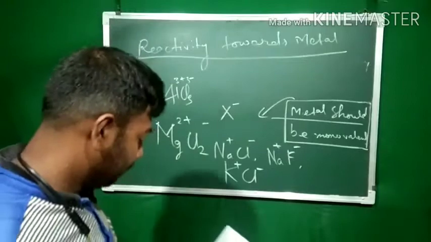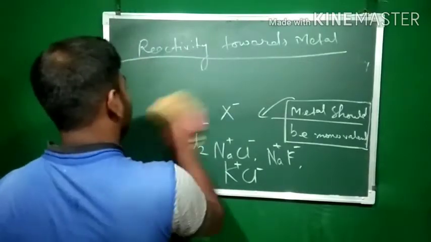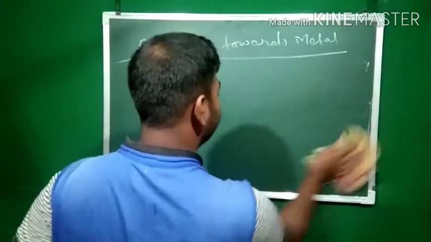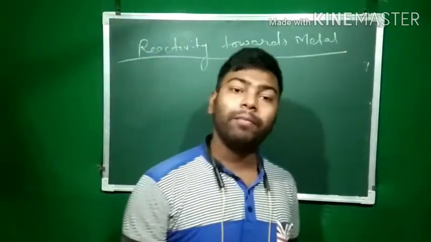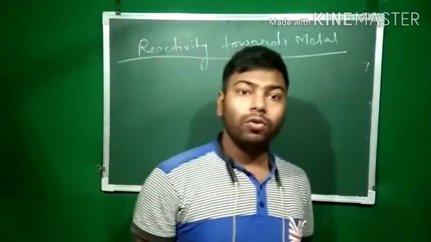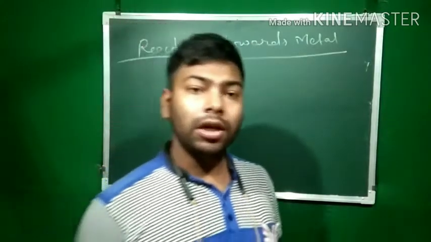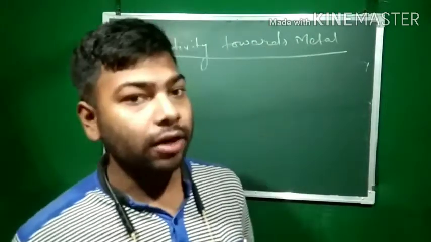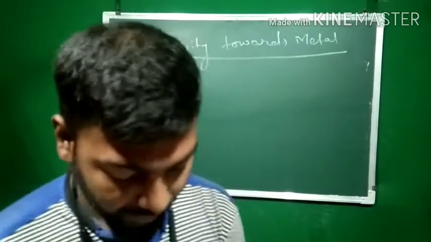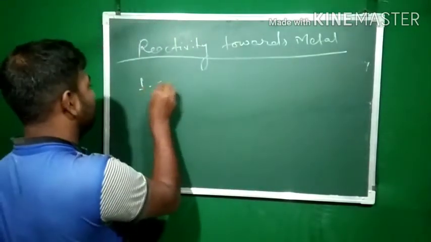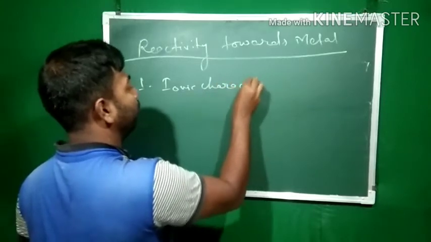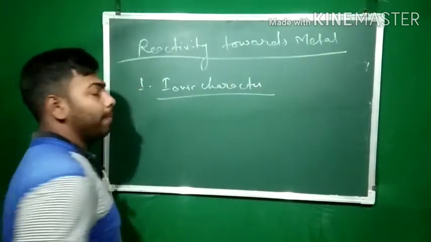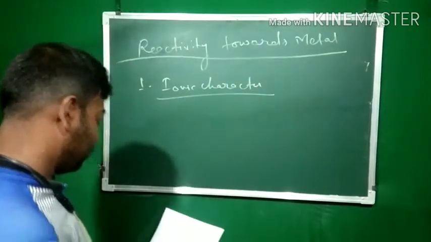When the concept of compounds of metal and halogen comes, one property should come up: the ionic character of the compound. First is the ionic character. Now I am writing some examples.